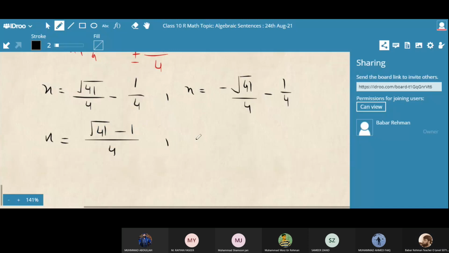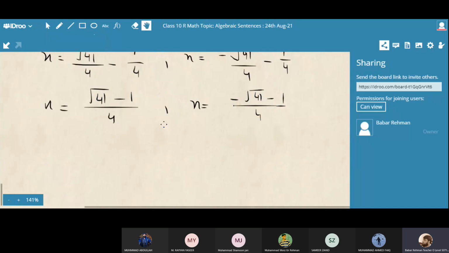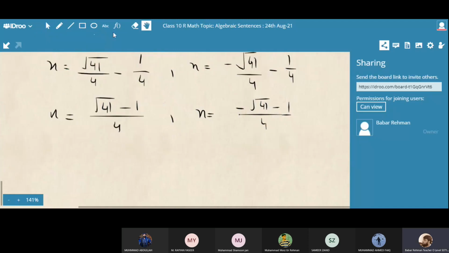Okay, root 41 minus 1, and then over here 4 is the LCM, it will be the same, root 41 minus 1. So student, you can write your answer as a set because you are finding the solution for this equation. So you can write your answer like this. Look at this.